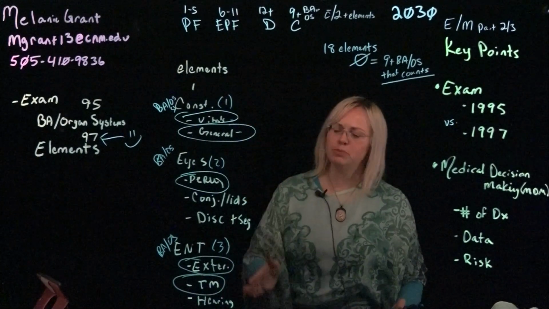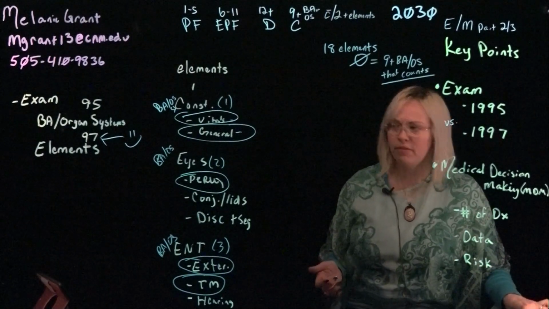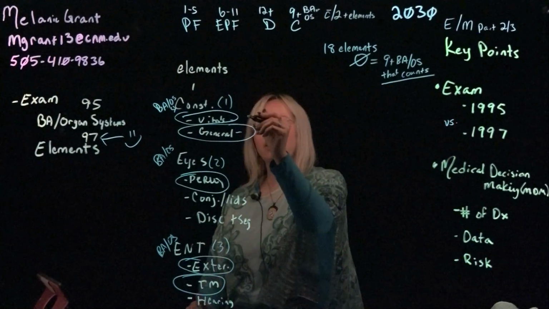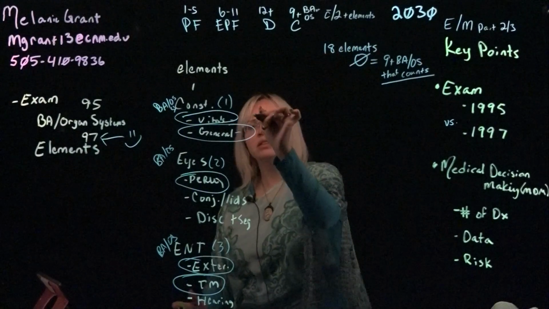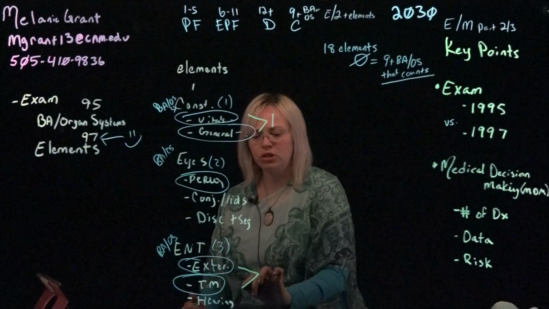If I'm counting these body areas, I'm going to say how many body areas or organ systems do I have? And I'm going to count only the ones that have 2 or more elements. So here's 1. This one doesn't count. Here's 2.